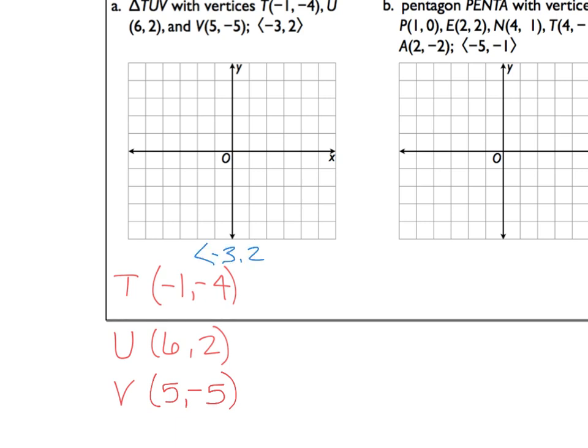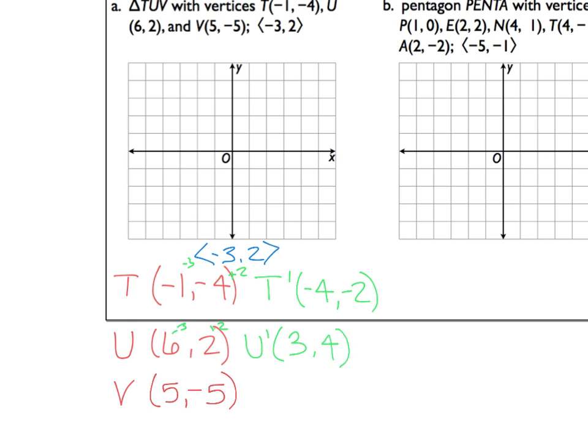That means we are adding -3, or subtracting 3, from all the x values, and adding 2 to all the y values. So for T prime, we have -1 minus 3, which gives us -4, and then -4 plus 2 is -2. For U prime, we're again going to add -3, so 6 minus 3 gives us 3, and 2 plus 2 gives us 4.